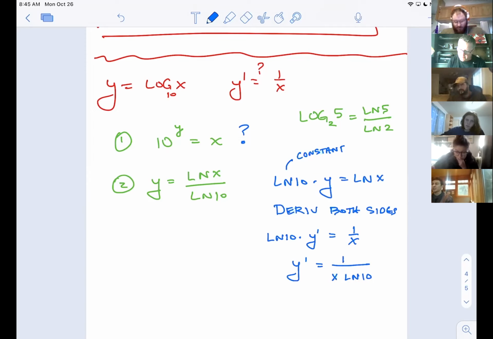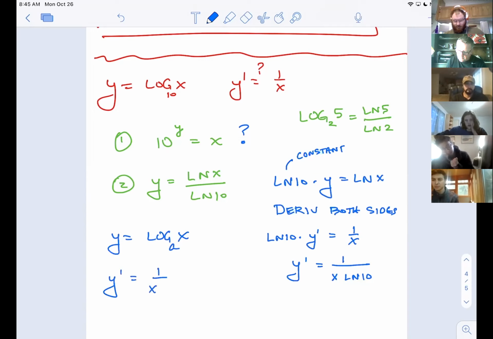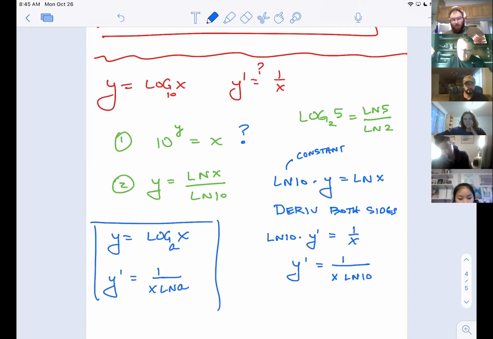So in my note sheet then, I said if y is equal to the log of x, of course you want to say to any base. It doesn't just have to be 10. What if it's log of x base 3 or something? Then y prime would be 1 over x, but then also natural log of whatever that base is. That's the fact of how logarithms work. Natural log is much more common and easier to work with.